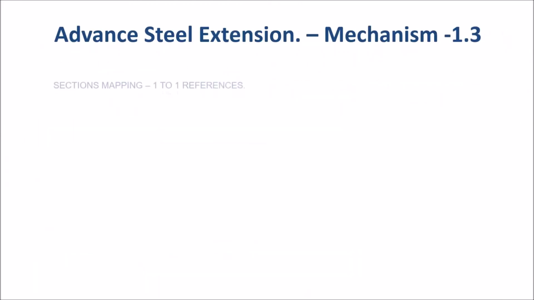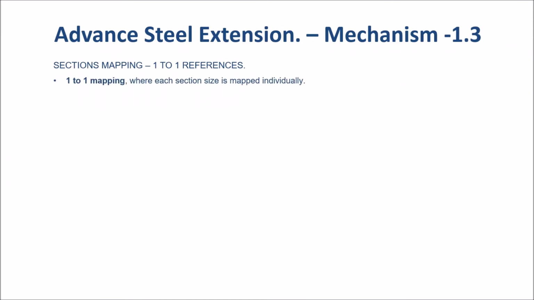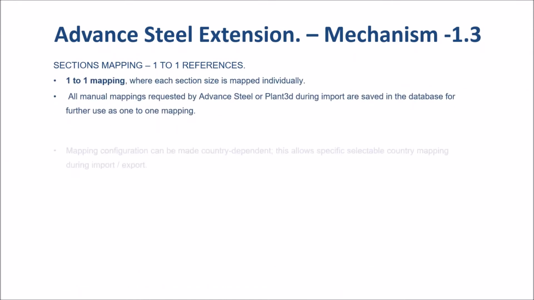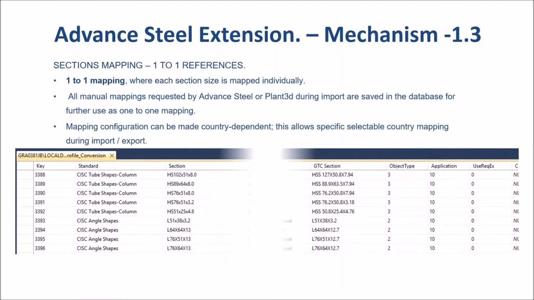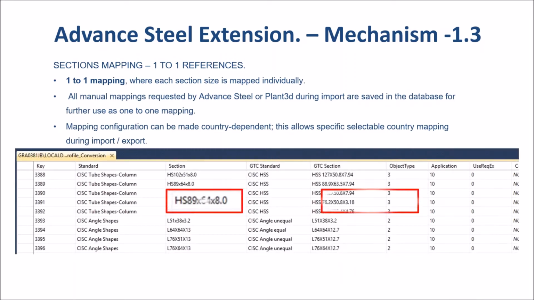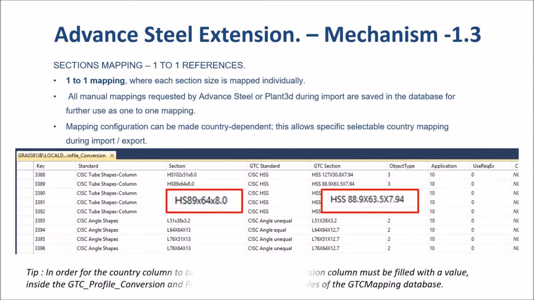So a little bit more about the mechanism. You can also do one-to-one mappings as well. This is where, if you know the name in one software and you know what it is in the other, you should be able to map it across. This can become quite useful. This is a slide we did for Revit last year, where we highlighted the issue of a capital X and a lowercase x.